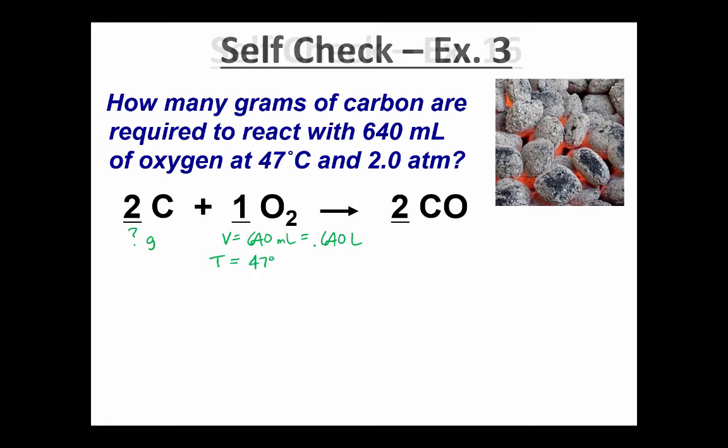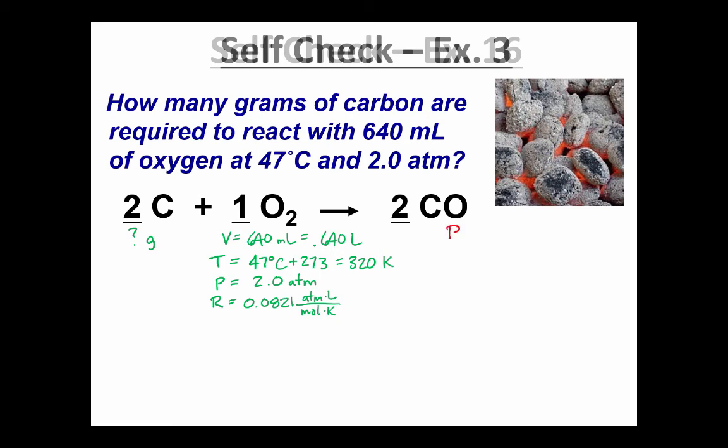Oxygen's temperature is 47 degrees Celsius, or 320 kelvins, and its pressure is 2 atmospheres. So we have V, T, P, and we always know R, which is 0.0821 atmosphere liters per mole kelvins. So we can calculate n, or the moles of oxygen.